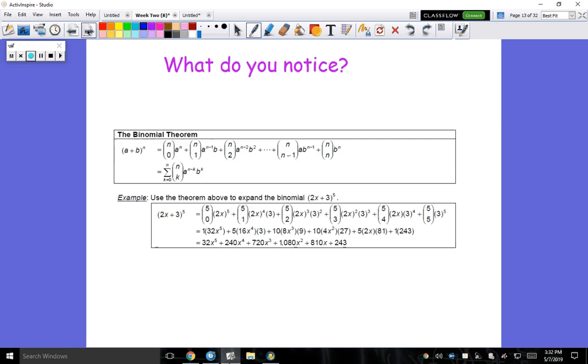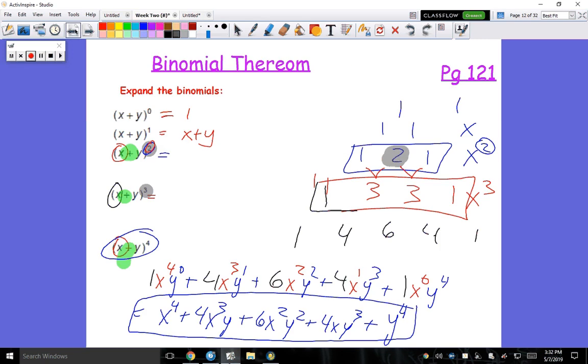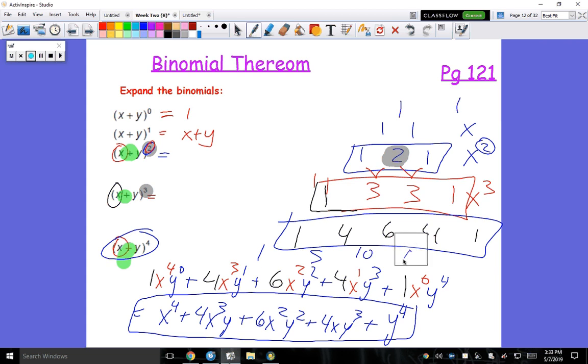Alright, the equation is this. Now I know this looks a little bit crazy. And I'm just going to jump to the problem so that you can see what they represent. Okay? This is x to the power of 5. That means if you were to go 5 levels, that's one more after this, I'd have 1, 5, 10, 10, 5, 1.